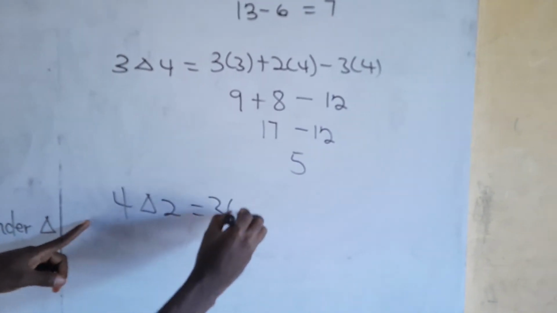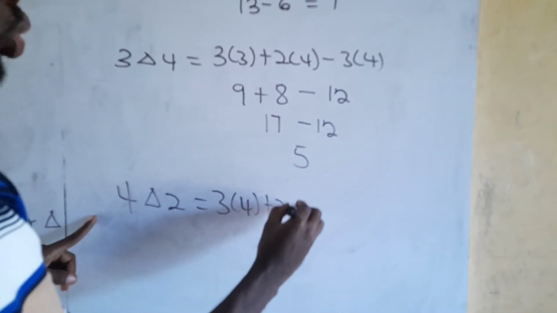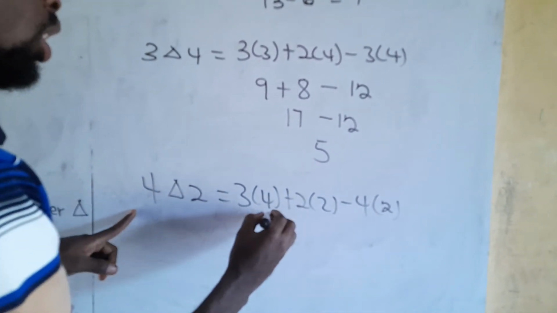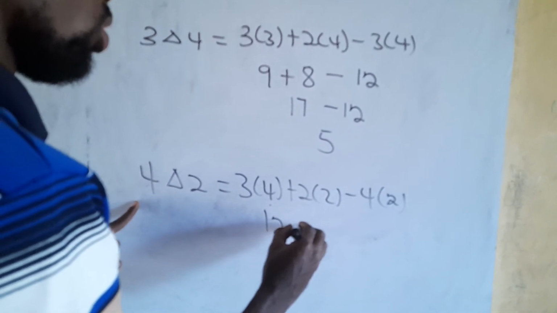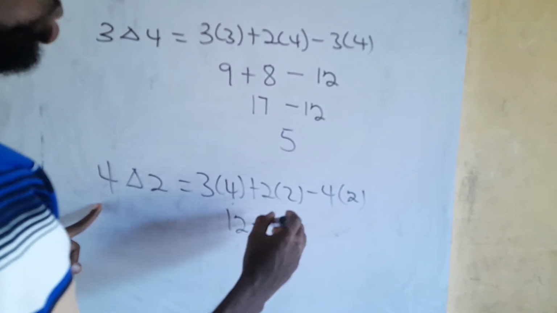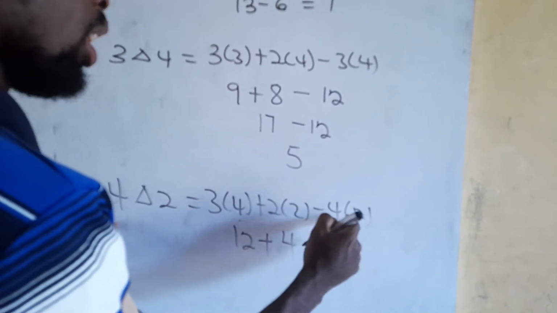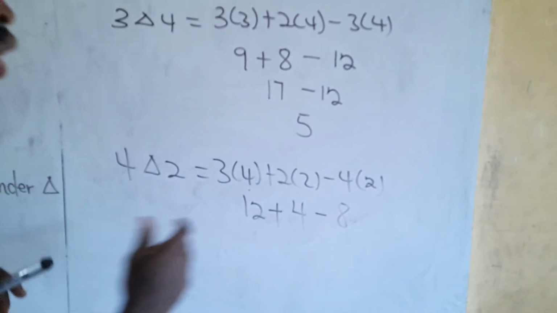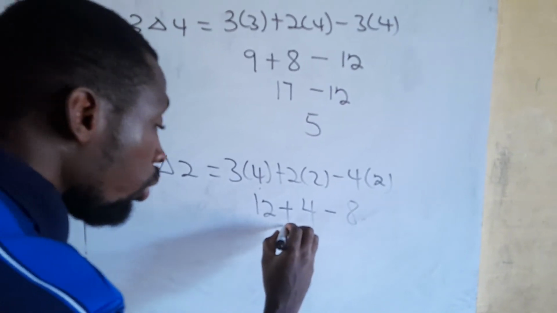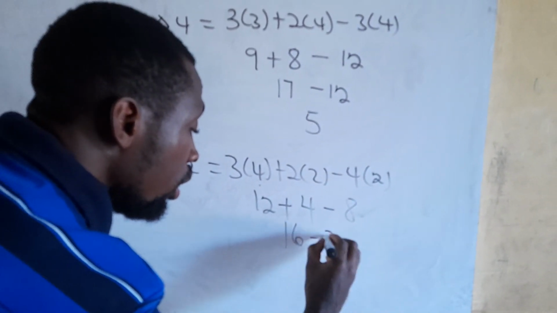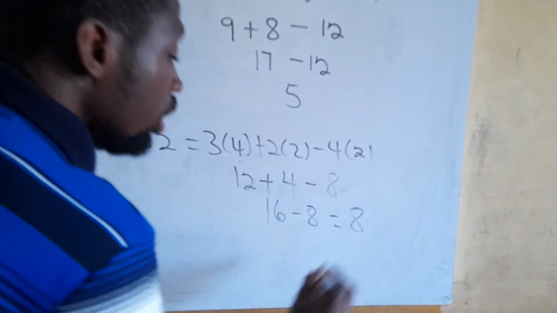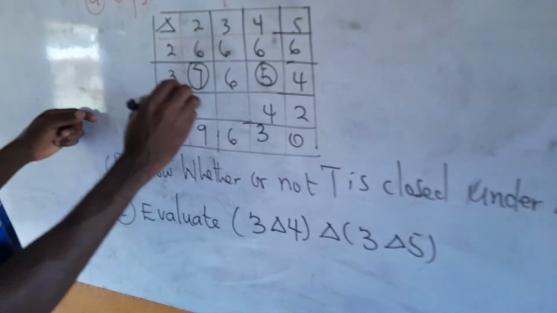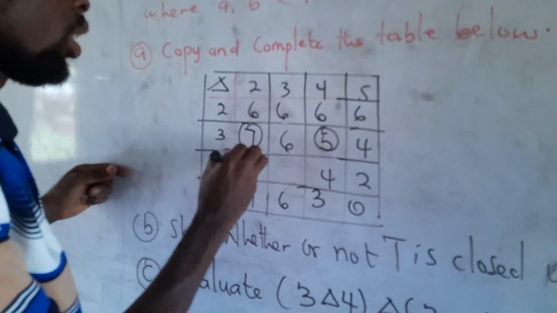We have 3 times 4 plus 2 times 2 minus 4 times 2. 3 times 4 is 12. 2 times 2 is 4, minus 4 times 2 is 8. 12 plus 4, that will be 16, minus 8. 16 minus 8 is 8. Then we can write 8 here.